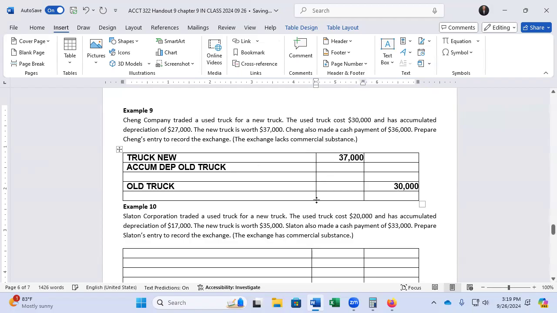And has accumulated depreciation of 27,000. And we know we also gave up cash of 36,000. So we can look at this and say, okay, I've got 66 here, 54,000 here? No, 64,000 here. And so we'd have loss on disposal of old truck for 2,000.